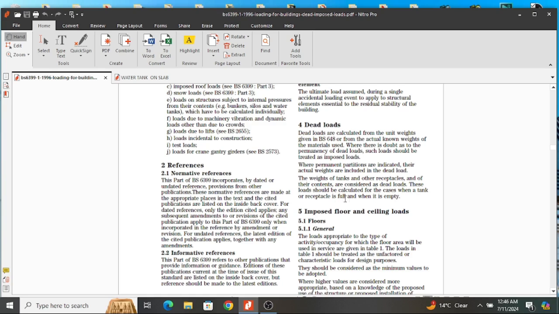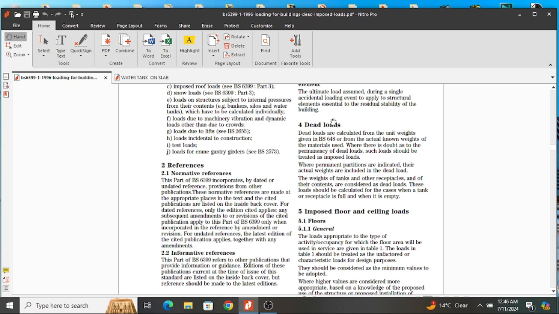When the tank is full, we will have our worst design case scenario, the most onerous case, where this is the maximum load that we can have. But when it's empty, we use it when we are doing the uplift check, when we are doing wind design. That is when we consider that the tank is empty so that the building can be light, to ensure that the structure is designed to be safe against uplift.